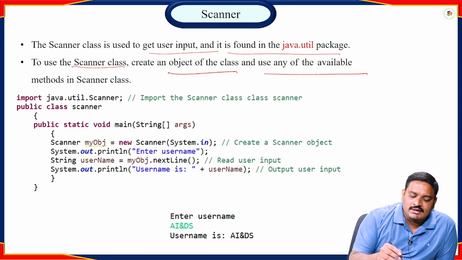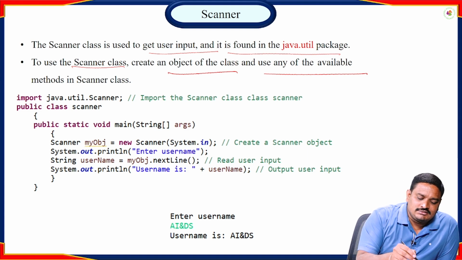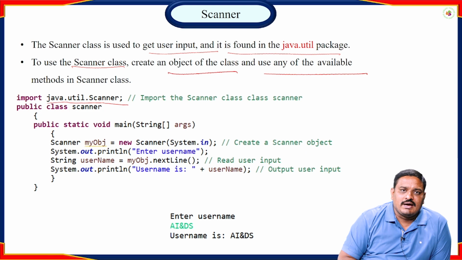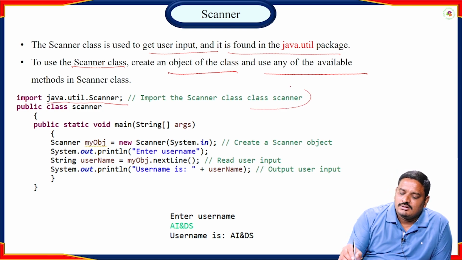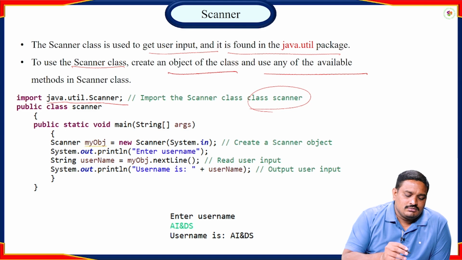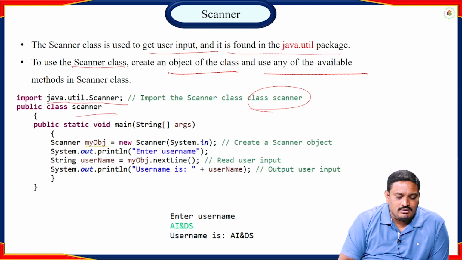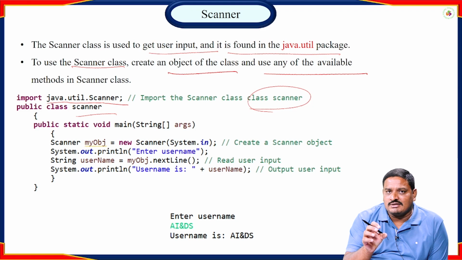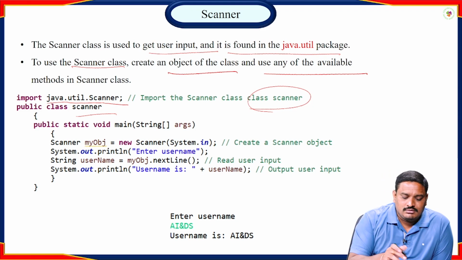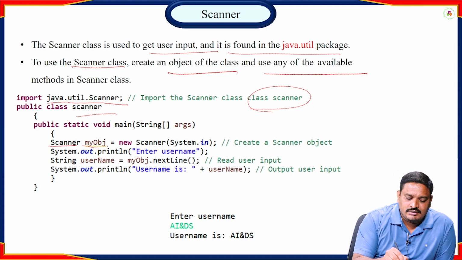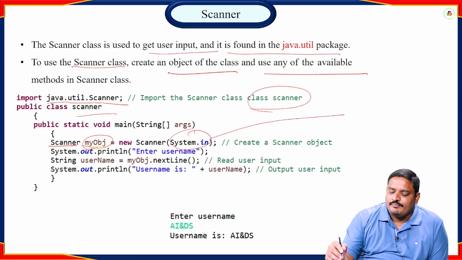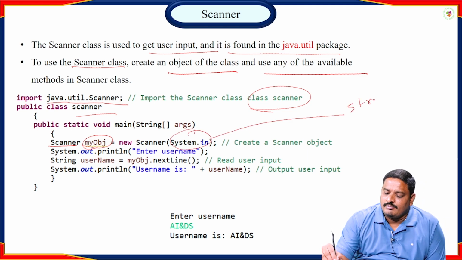Here the Scanner class is used like this: import java.util.Scanner. The class name is Scanner. First we are creating the object of the Scanner class. This one is actually the stream methods.